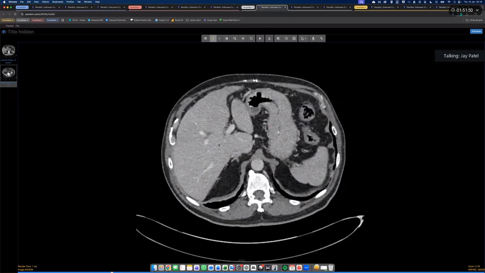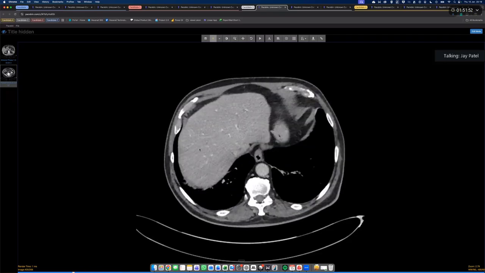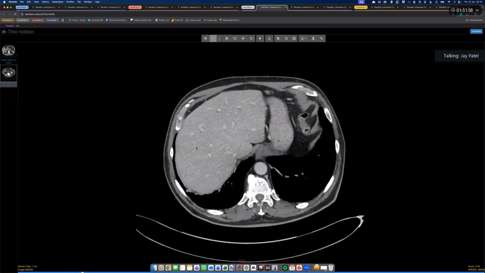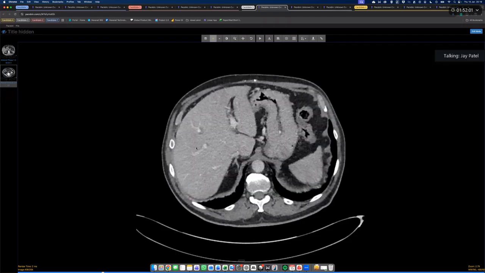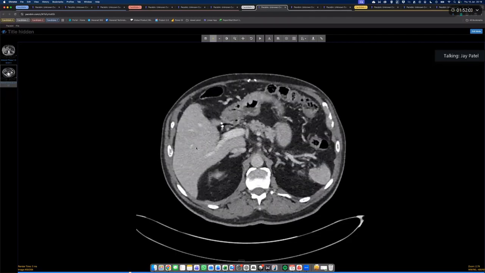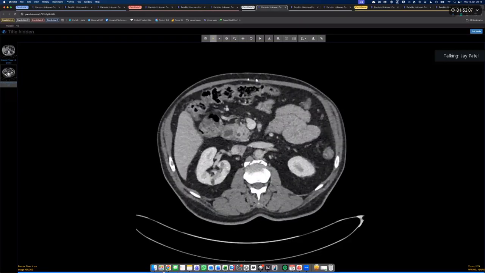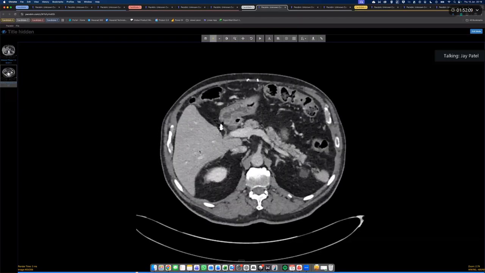Looking at the liver, I see no evidence of metastases. That small arterialized focus I can't see on this portal venous phase study, and is indeterminate, but probably benign, and this may require further follow-up according to MDT discussion.